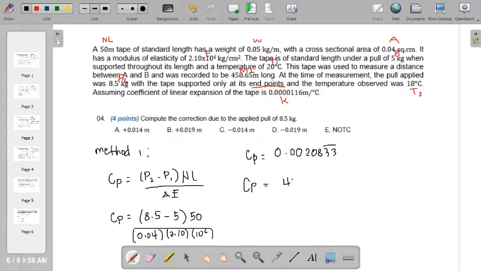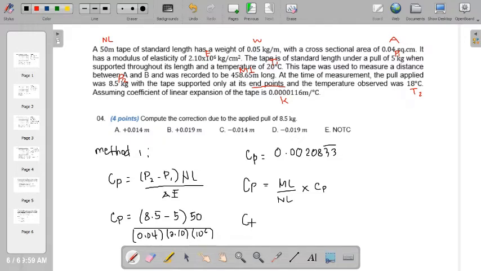So the total correction due to pull is equal to the measured length, which is 458.65, so let's do the formula. Measured length divided by the nominal length times the C sub P, the small one, because this is the big one.